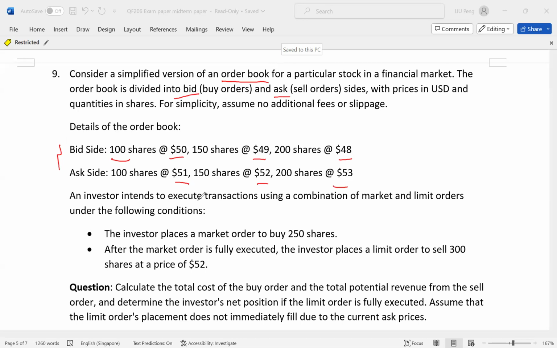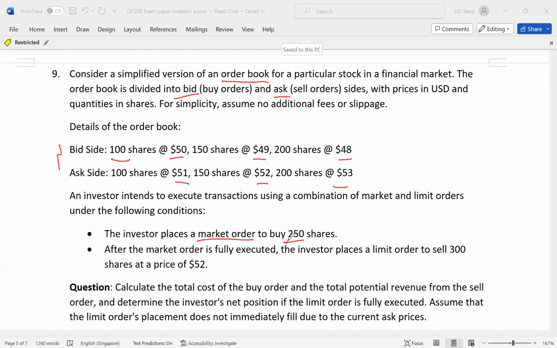The investor intends to execute transactions using a combination of market and limit orders under the following conditions. The investor places a market order to buy 250 shares. A market order guarantees the transaction, but not necessarily the price.